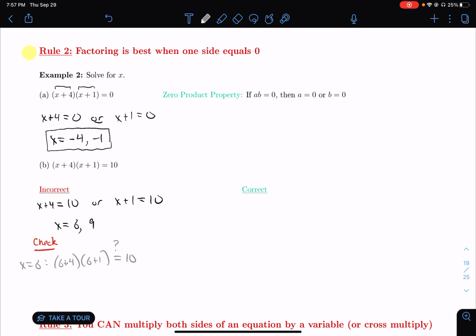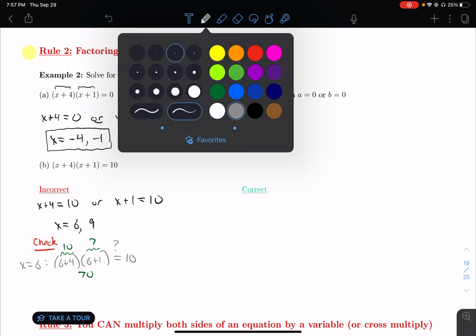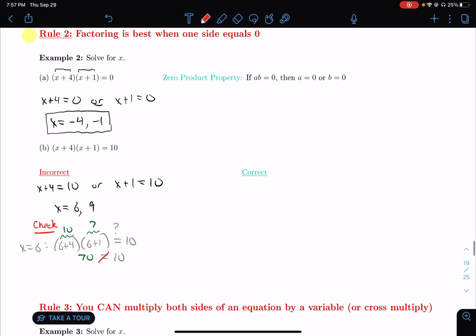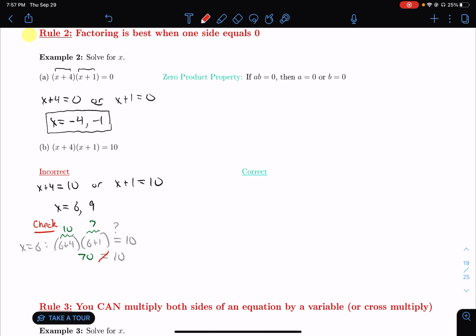If I multiply this, 6 plus 4 is 10, 6 plus 1 is 7, and 10 times 7 is 70. Does 70 equal 10? Well, no. The two sides are not equal, which means x equals 6 is not an answer.